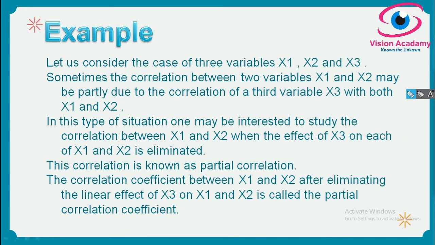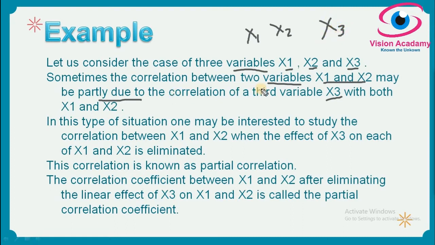Here we have three variables, x1, x2 and x3. Sometimes the correlation between two variables, x1 and x2, may be partly due to the correlation of a third variable. We can imagine height and weight: height is x1, the first variable, weight is x2, and age is x3.